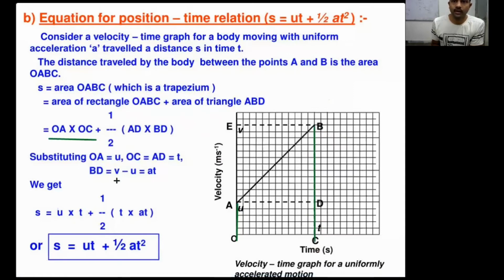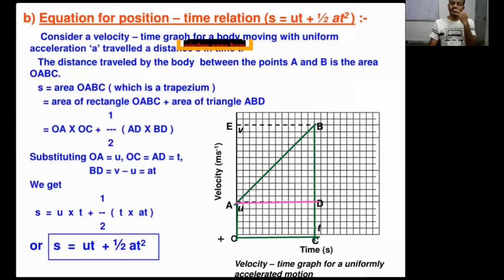Yeah, OA, OC, area of the trapezium, OC and AB. So this trapezium is split into two parts, right? Like this we are splitting. The first part will give you the triangle and the second part will give you the rectangle. This is a rectangle, right? This is a triangle.